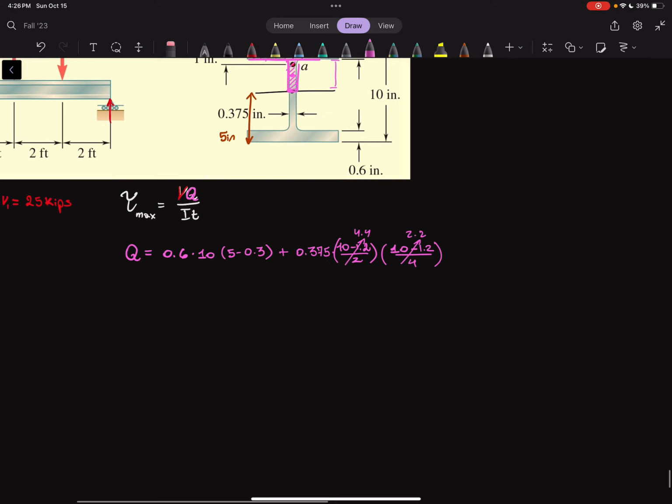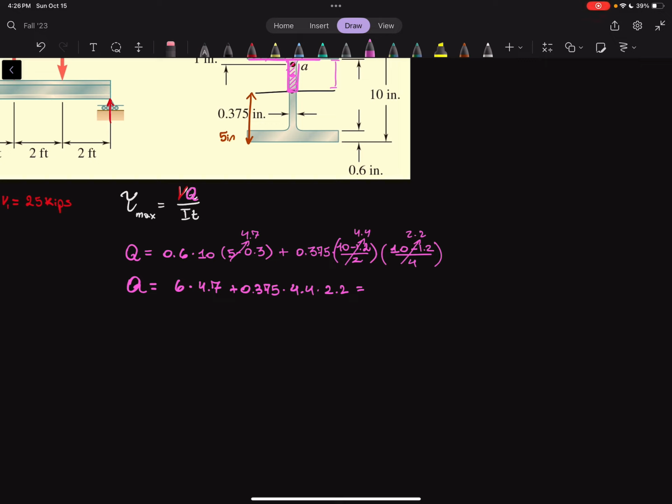And so Q is equal to 6 times 4.7 plus 0.375 times 4.4 times 2.2.